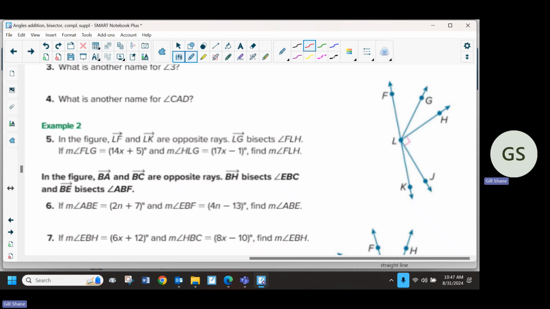One thing that should be popping in your head already is that if that is a straight line, the measure of that entire line is 180 degrees, which means all of these angles, 1, 2, 3, and 4, would have to add up to 180 degrees.